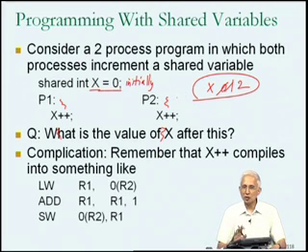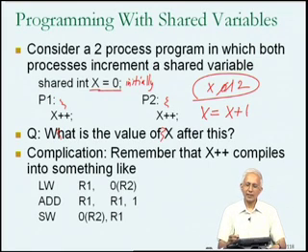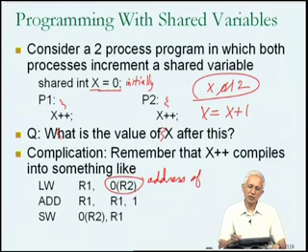However, there is a complication. You'll remember that when I say increments the variable using x++, that is actually a little more complicated than just incrementing the variable. If I think about something like the MIPS instruction set, x++ is really x = x + 1, and in order to do x = x + 1, the first thing that happens is to load the value of the shared variable x into a register, say R1.